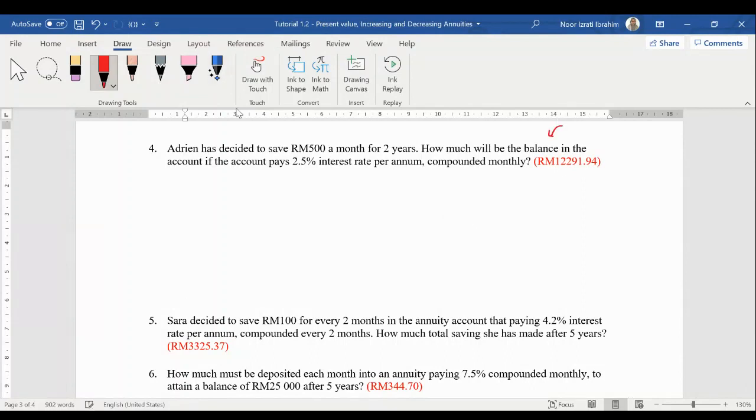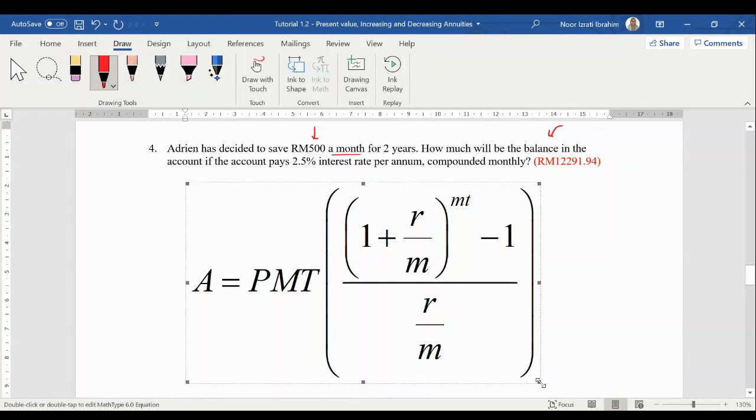And you see here, even though it didn't state that this is an annuity, you have to see the pattern of the deposit. Adrian saves 500 a month, means Adrian will put the value in the account, 500 every month. Several equal deposits are made, which is an increasing annuity account. So the formula is still the same formula to be used.